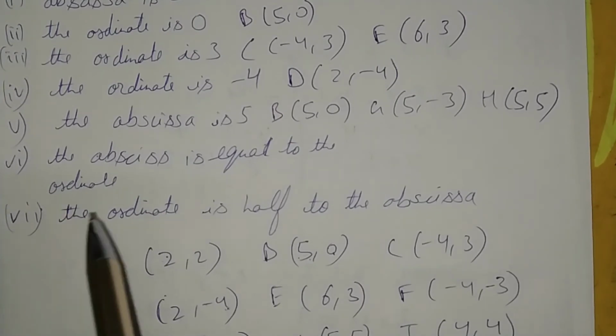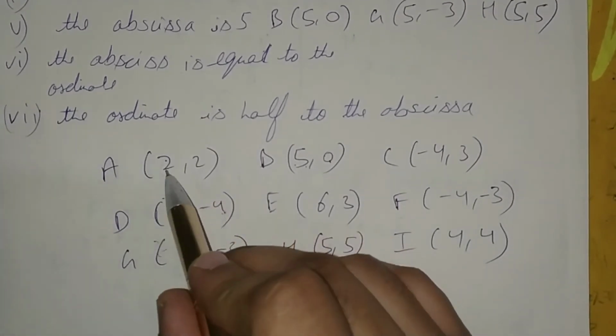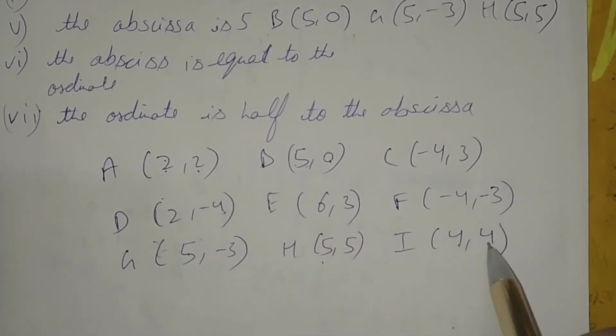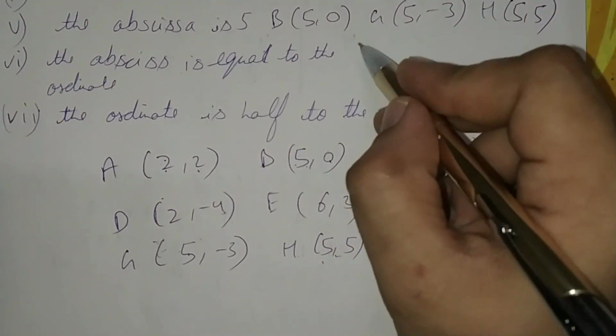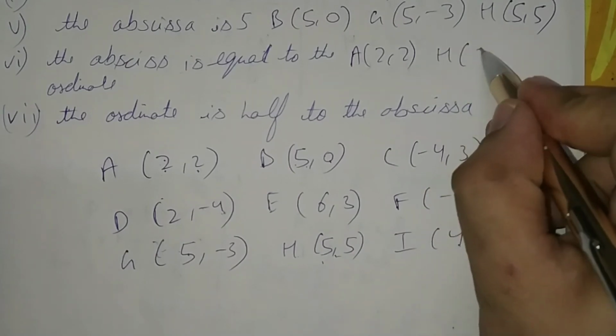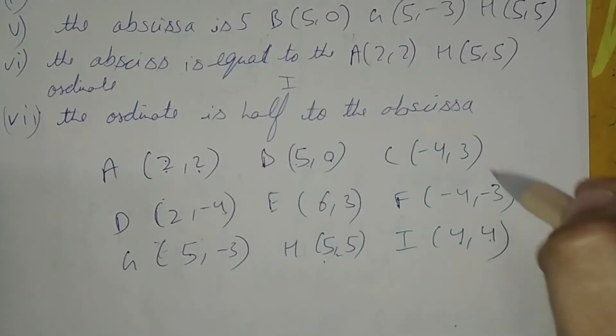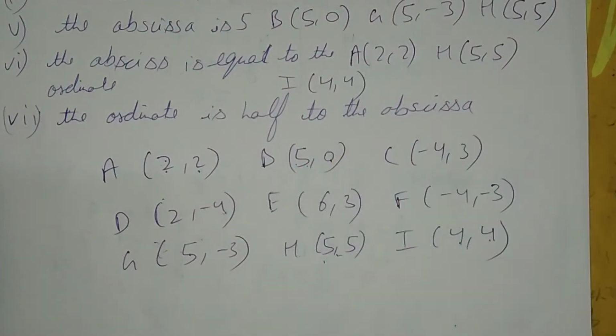Then next, abscissa is equal to the ordinate. Abscissa and ordinate, so here both are equal, here and here. So that is A 2 comma 2, H 5 comma 5, and point I, that is 4 comma 4.